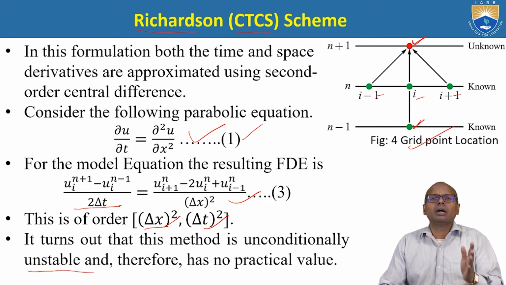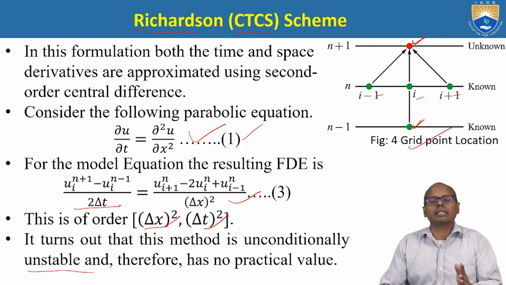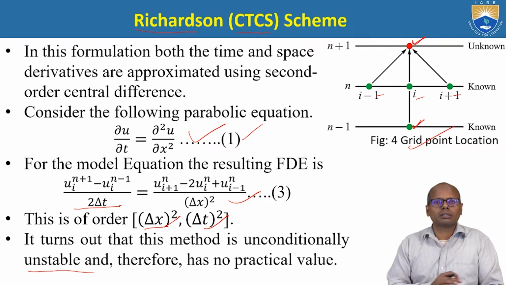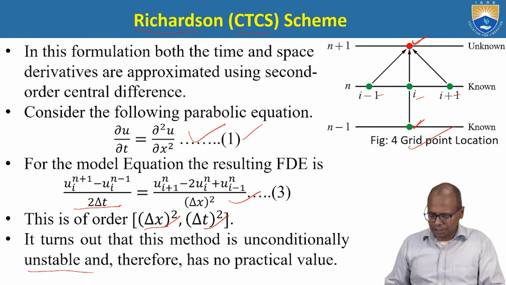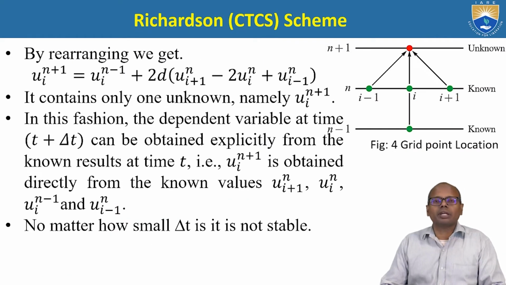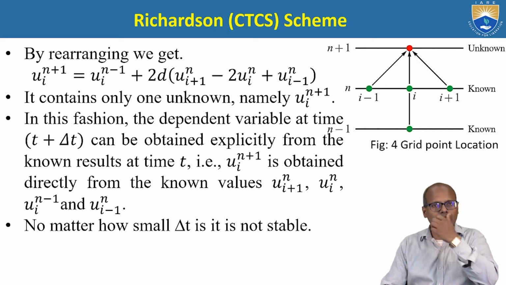So this Richardson or CTCS scheme is of no practical value. They derived this equation and found that it is unconditionally unstable, so it is not used. So they modified this Richardson scheme and derived another scheme. We will see that in the next slide.